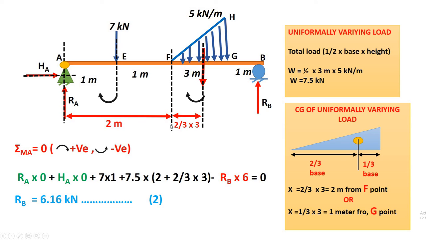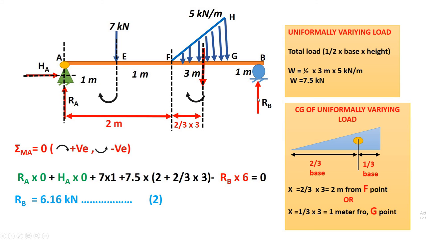And what about the nature of moment? The nature of moment is also clockwise. So the total triangular load is 7.5 multiplied by the total distance from point A, which is 2 plus 2/3 of 3. And the moment is clockwise, that's why it is positive.